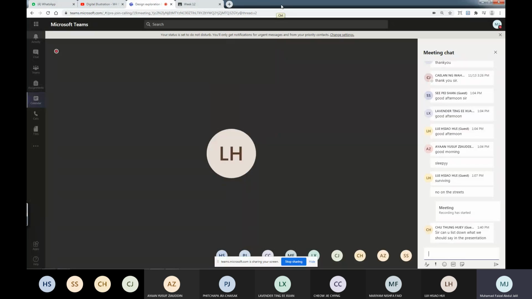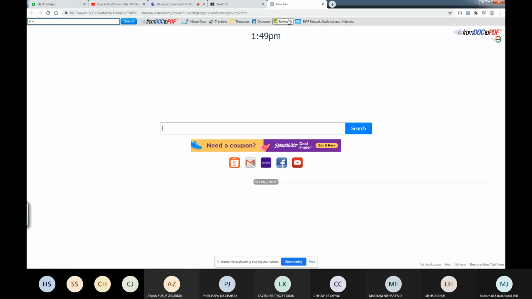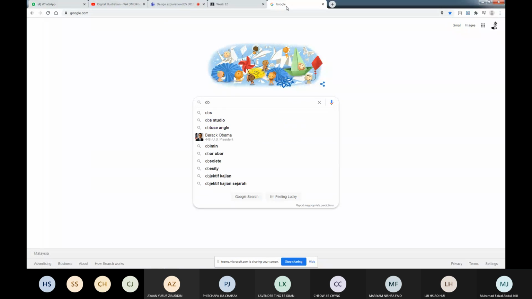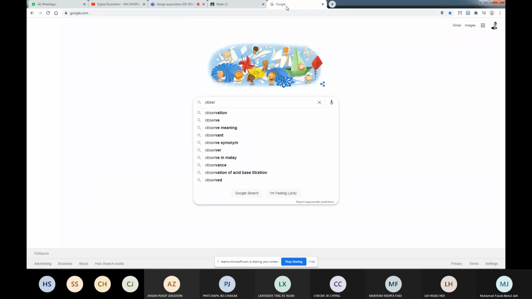There's one kind of exercise that we do very efficiently when we train students in art and design there, right? We call it the observation exercise there. Right, observation exercise, what do I mean by that?